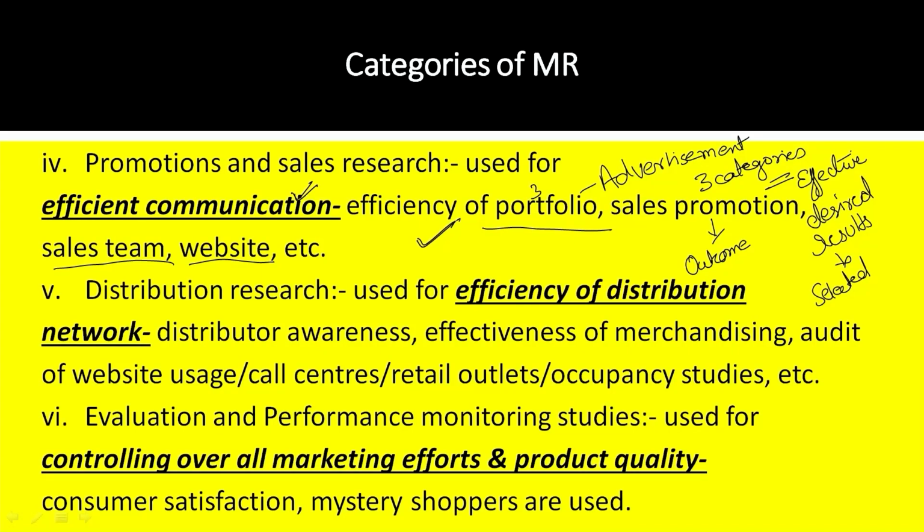Now fifth one is distribution research. Distribution research means the sales network. So distributor awareness. How aware actually are your distributors towards your product? What is their level of knowledge?